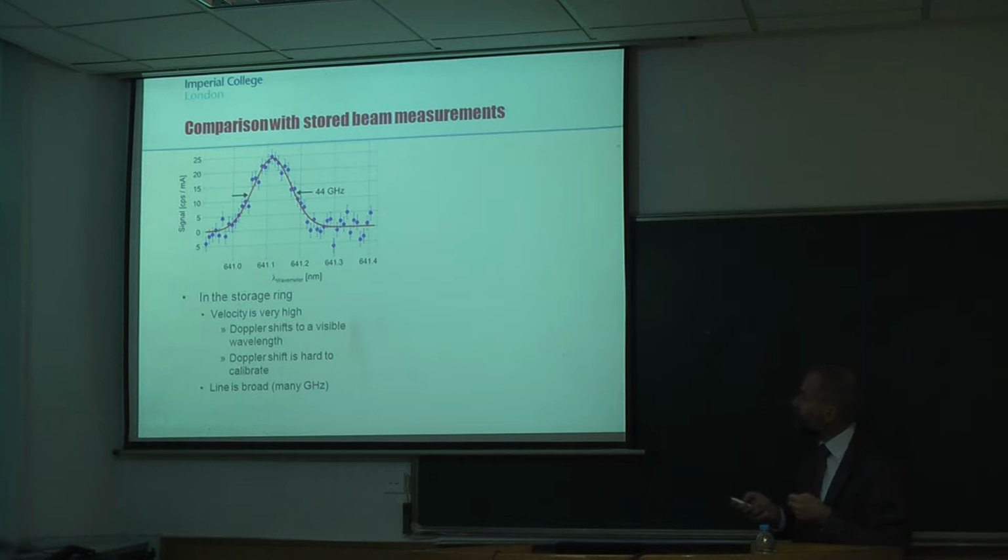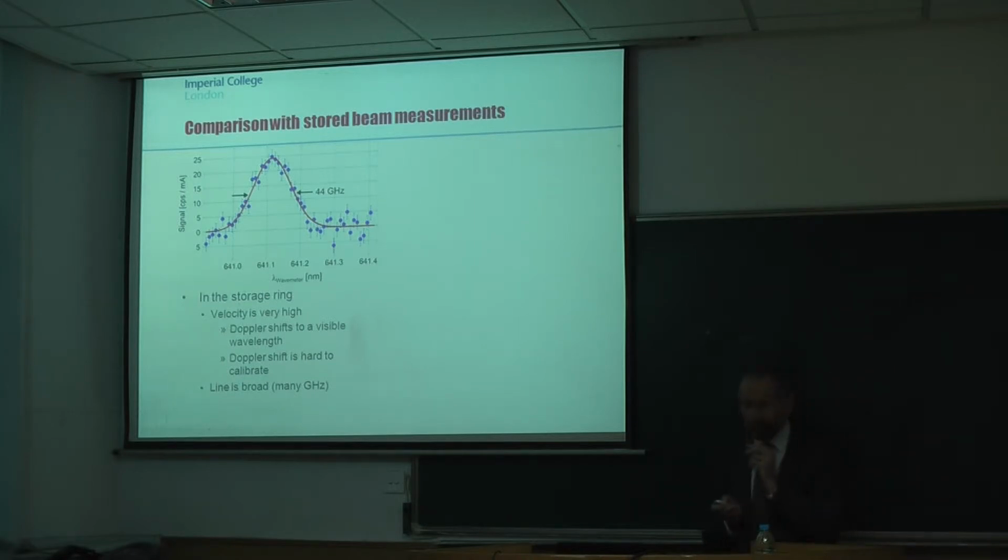So this is the transition we were talking about, the lithium-like bismuth transition. So then this is a good laser to use at around 600 nanometers, and is easy to operate. And so you can get a nice spectrum here.